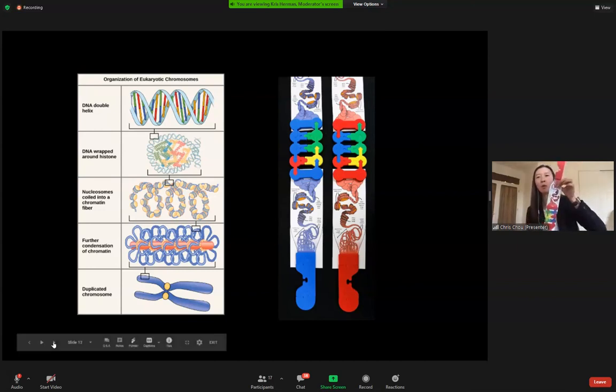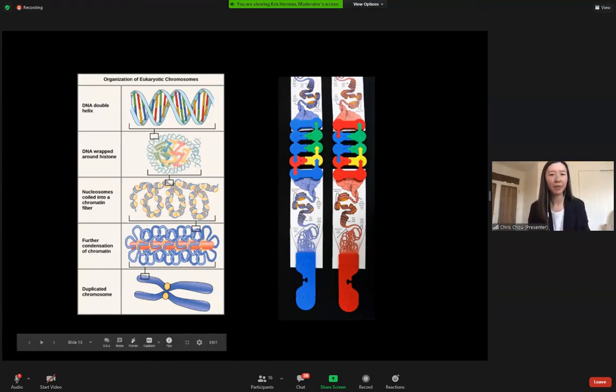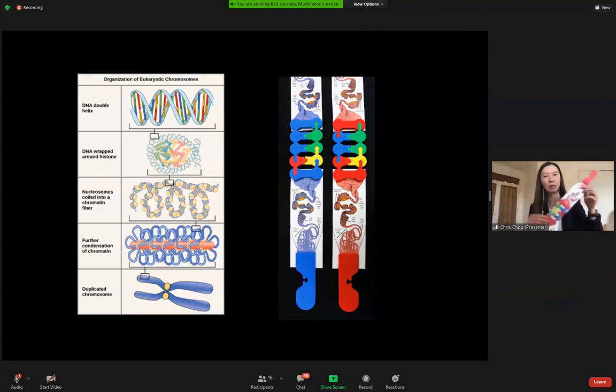So what are some things that you notice on this particular model that you have created or assembled that shows that diagram that you're seeing on the screen there? So go ahead and type that into the chat. What are some visible things that you're seeing in this model versus the diagrams on the screen?